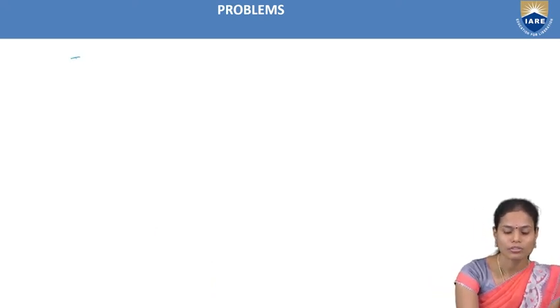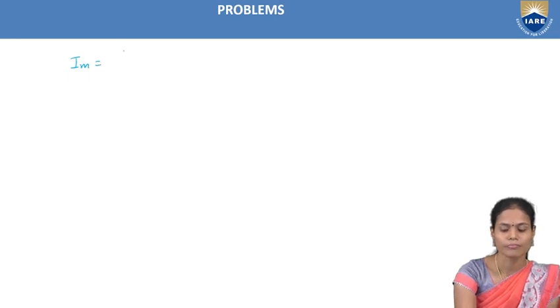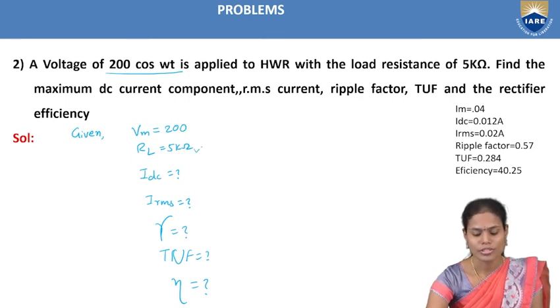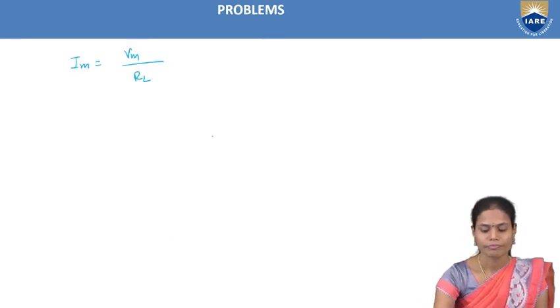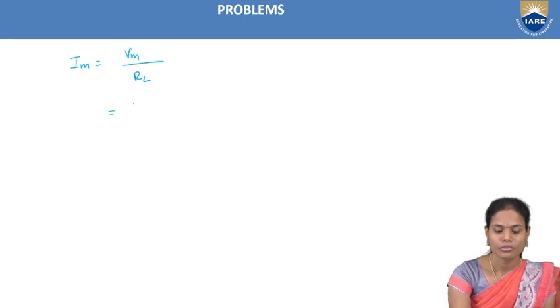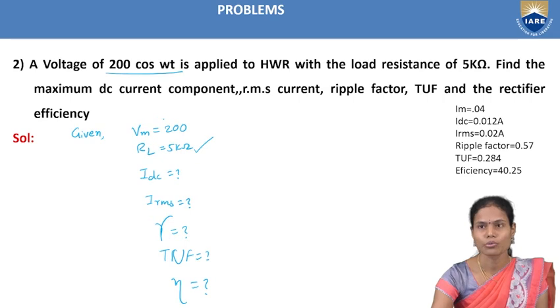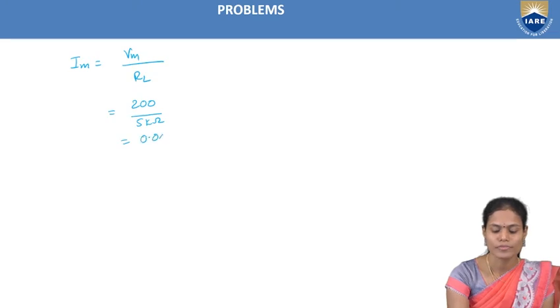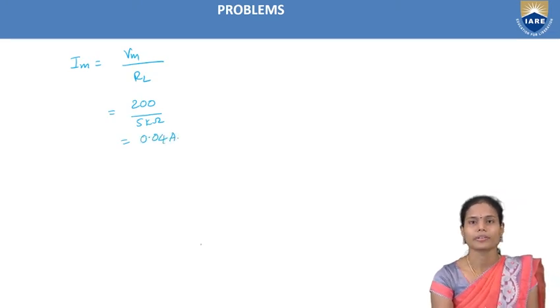So the maximum value of the current Im is equal to Vm by RL only here. Why? Because they didn't mention any forward resistance of the diode. They only gave the load resistance value. So Vm is equal to 200 here and RL is 5 kilo ohms. This value we will get as 0.04 amperes.